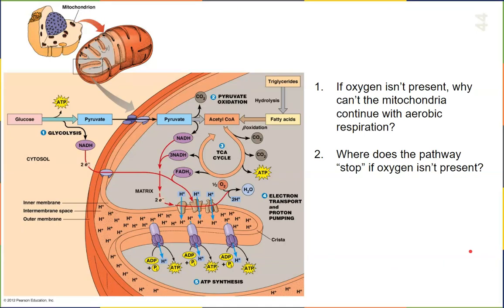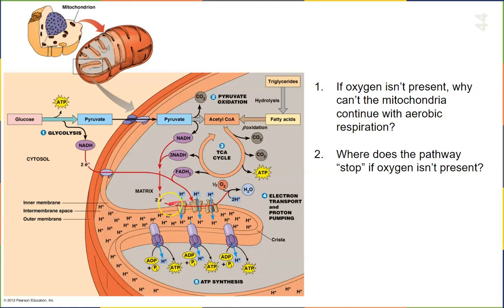Okay, so if oxygen isn't present, why can't the mitochondria continue with aerobic respiration? Well, we need oxygen to accept some electrons at the end. Actually, oxygen will turn into water at the end. Where does the pathway stop if oxygen isn't present? Well, let's go backwards.